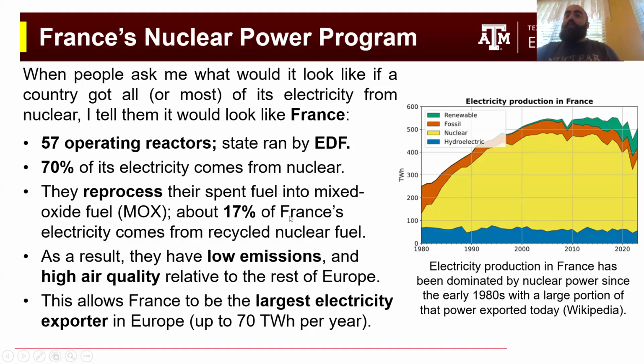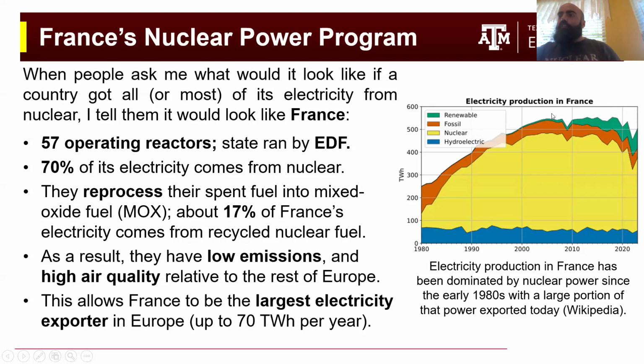I think that's a model for what we probably should be working towards. If you look at their electricity production, it's pretty much all nuclear. They have a decent base of hydro that's relatively consistent, because hydroelectric power, as I was saying before, is basically geographically dependent.